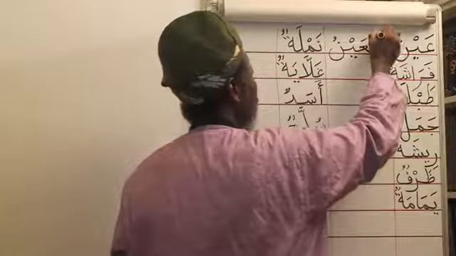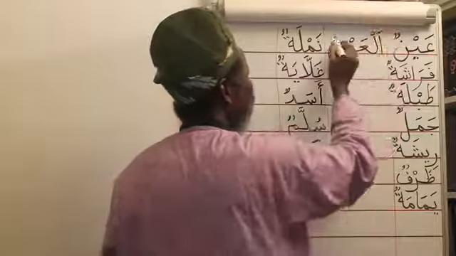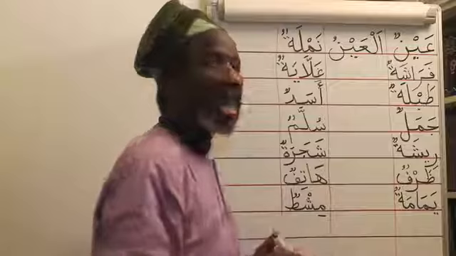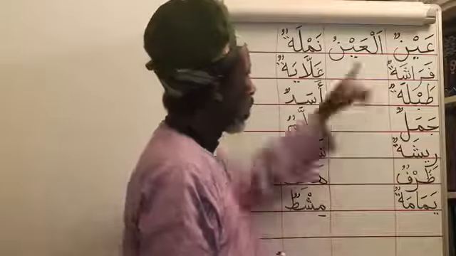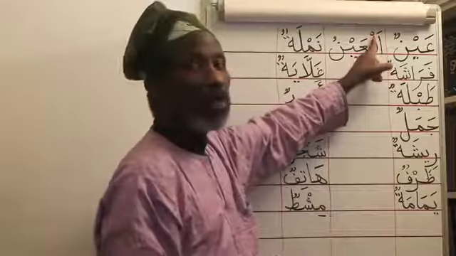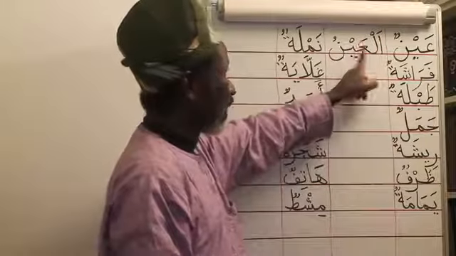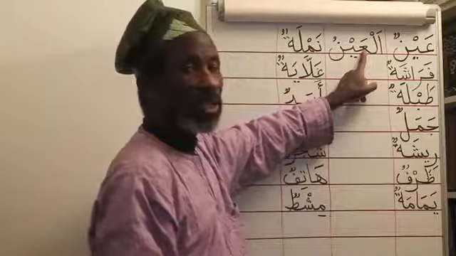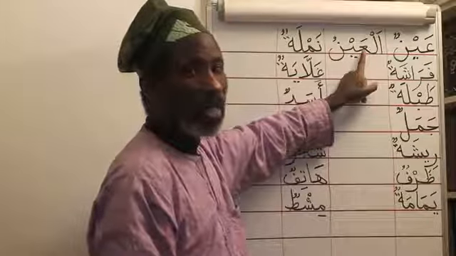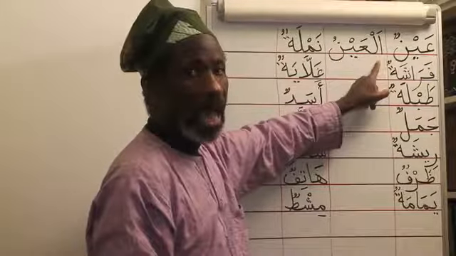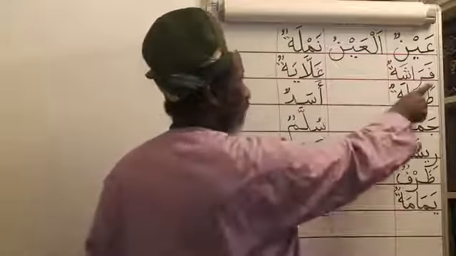So you say Al-Ainu. The lam of "Al" retains the sukun because the moon letter has no shadda on it, and doesn't require a shadda after the "Al" of "the". Next one, Farashatun.